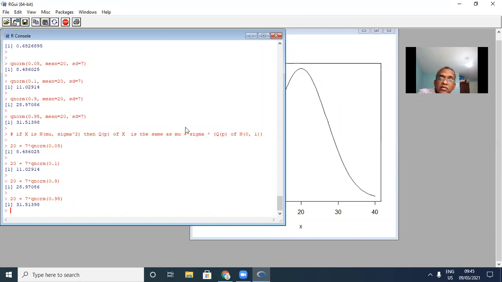Another way is to use this formula, where mu is the mean and sigma is the standard deviation of the given variable, times the quantile function of the standard normal. So there are two ways of doing it. That completes exercise 4. Are you guys okay with that?